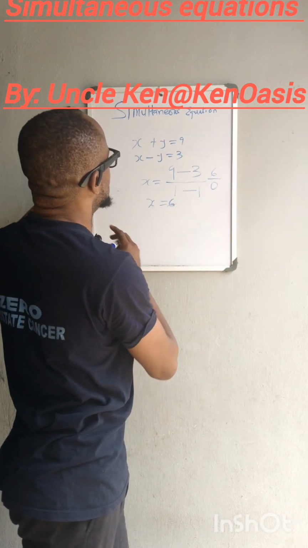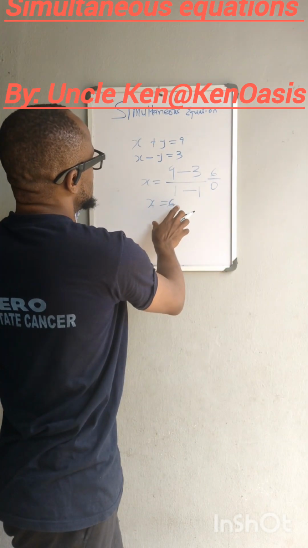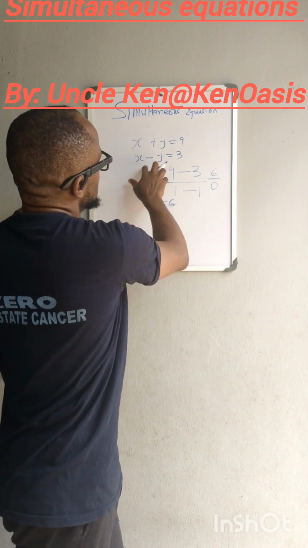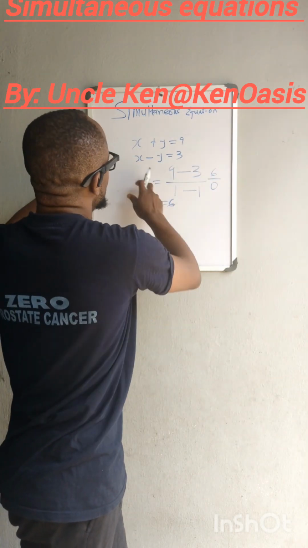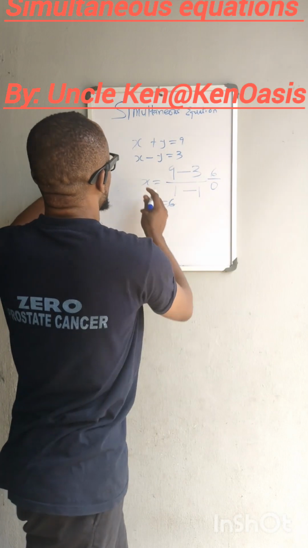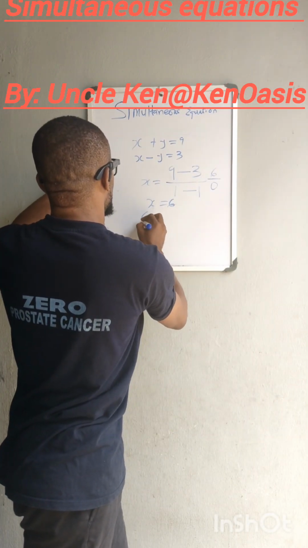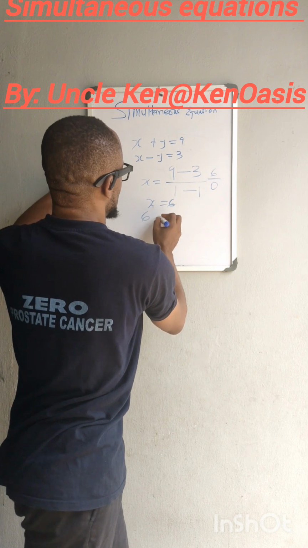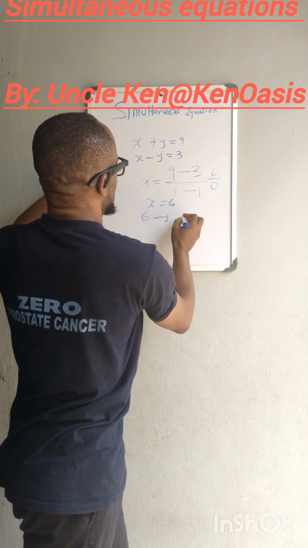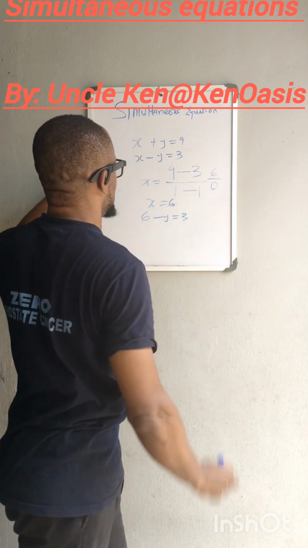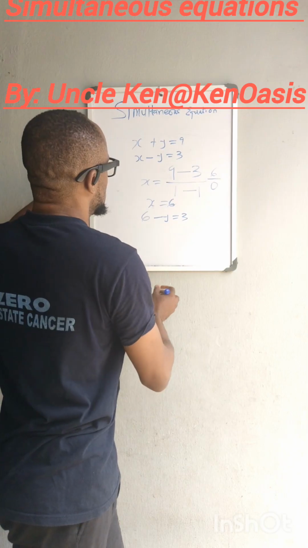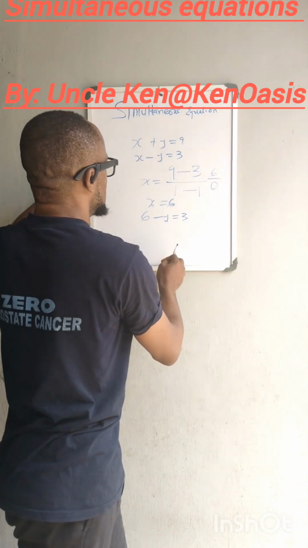Now in order to get y, you substitute the value of this x in any of these equations. So anywhere you see x, you put 6. We are putting it in place of x in x minus y equal to 3. So 6 minus y equal to 3.